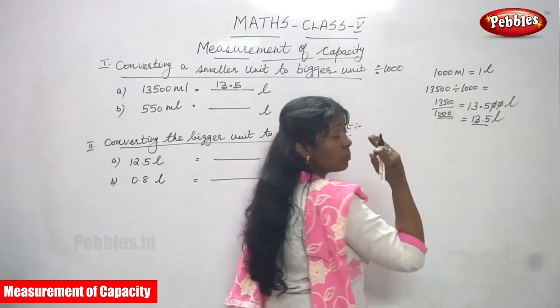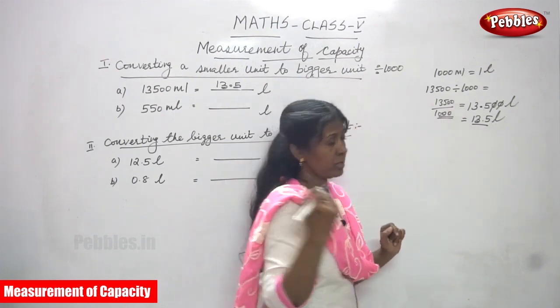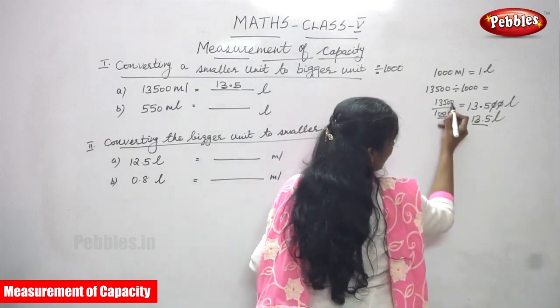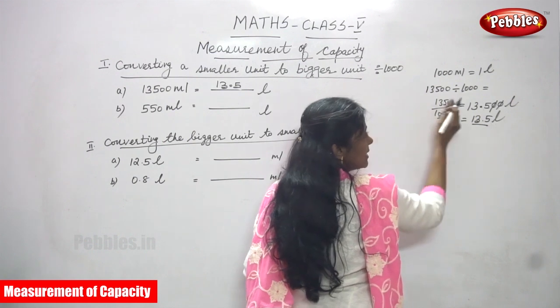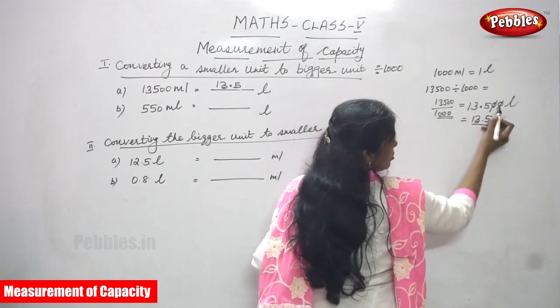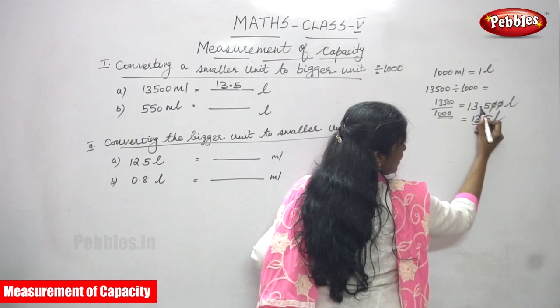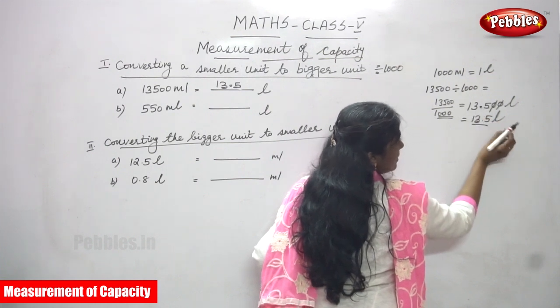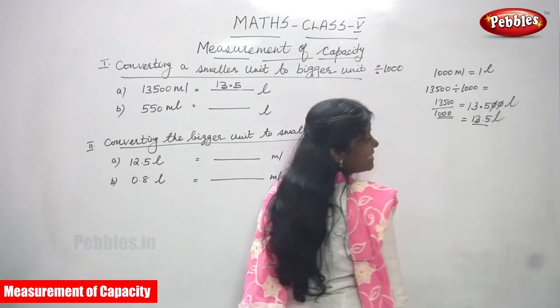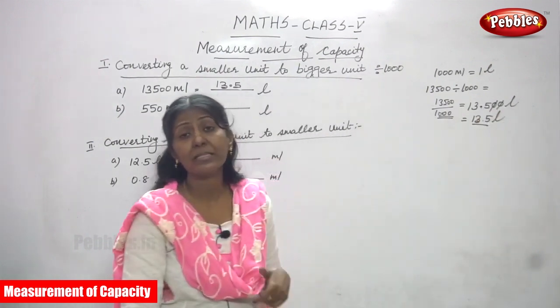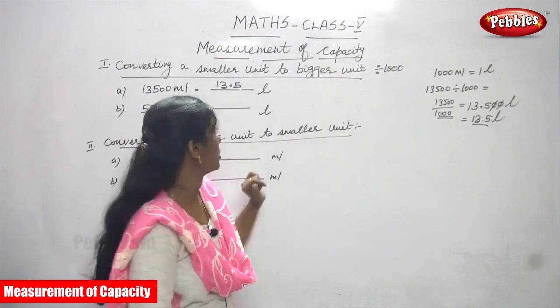So you have to move 3 decimal places to the left: 1, 2, 3. So 0, 0, 5, then put a point, then write 1, 3. That is 13.500 liter. After the point you should not consider the zeros, so you just write 13.5 liter. This is the right answer for the question.